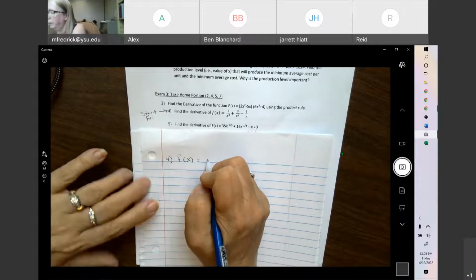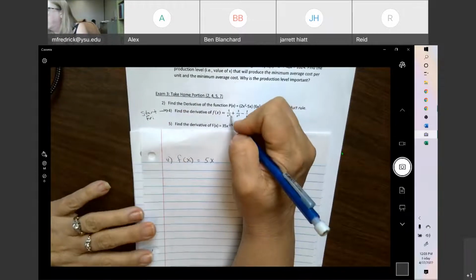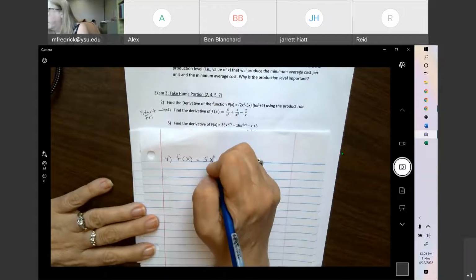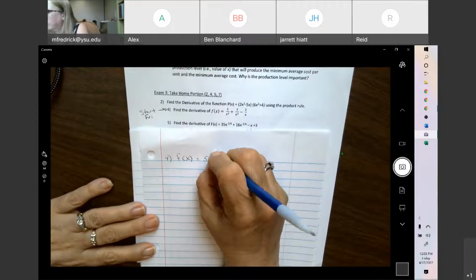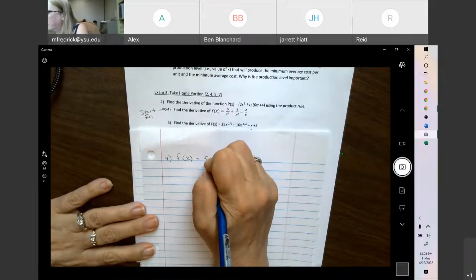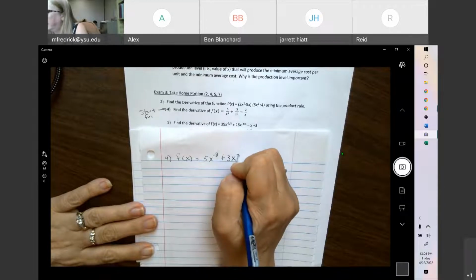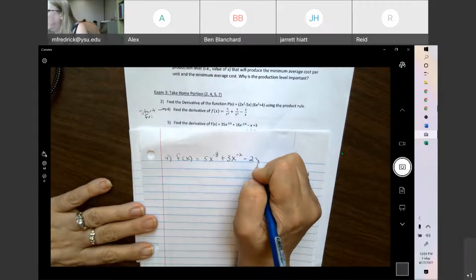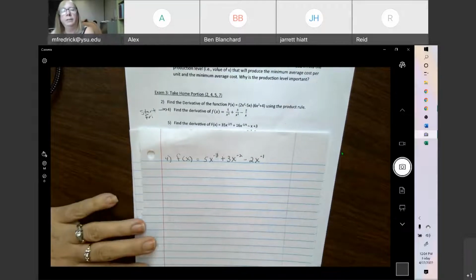Remember, when we bring it up, it changes the sign on the exponent, so it would be 5x to the negative 3 plus 3x to the negative 2 minus 2x to the negative 1. And then you can take the derivative.